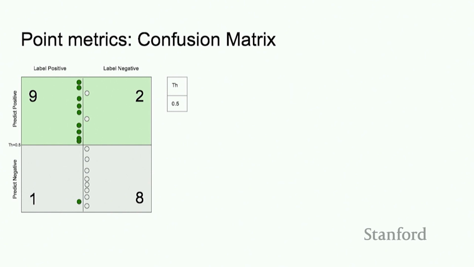So a few properties of the confusion matrix. The first is that the total sum of all the 4 squares is fixed, right? Because the number of examples we have is fixed, right? Also, the column sums are fixed, right? The sums 9 plus 1 and 2 plus 8 in this case will always be fixed because they are the number of positive examples we have and the number of negative examples we have.